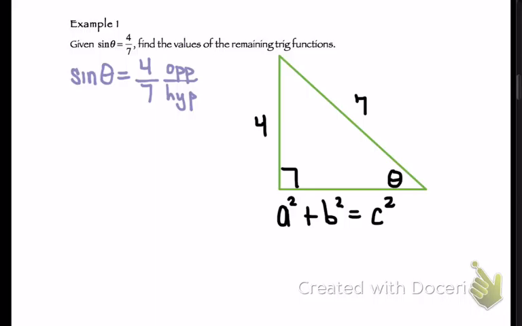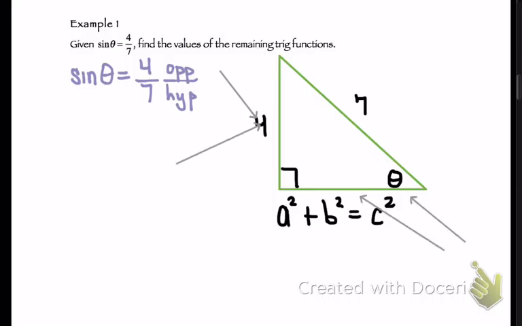Well, I know I'm going to use the Pythagorean theorem. The Pythagorean theorem says a squared plus b squared equals c squared. Remember that a and b are simply your legs. C is your hypotenuse. This side could be A, or vice versa.